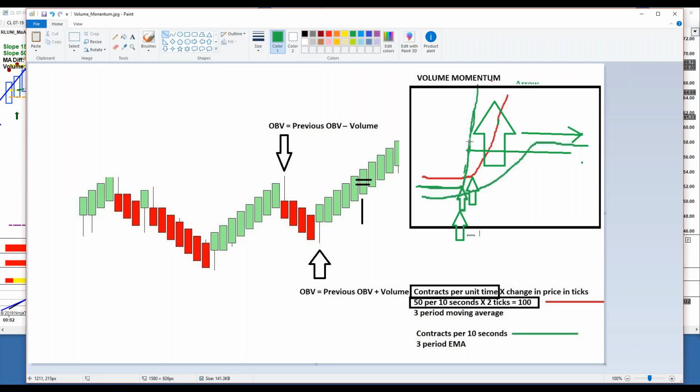This has to be increasing volume per unit time to keep that EMA sloping up and pushing higher and higher. And once it reaches a certain critical point that we can't determine, we're going to already be in this trade long. There's no way it's going to go short because institutional money has got this thing.